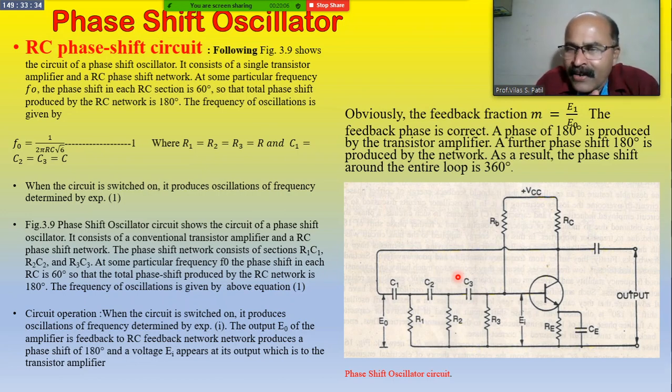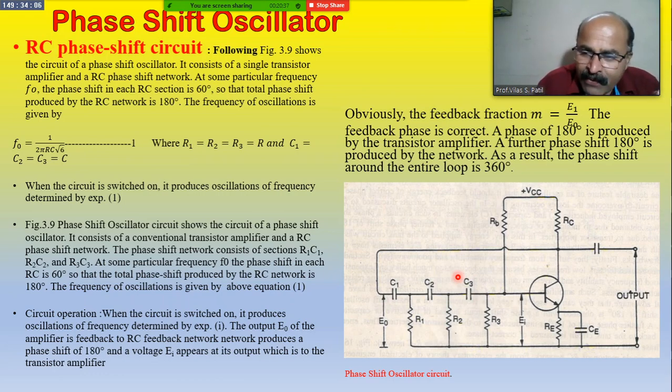Here we know that in an oscillator circuit, three parts are essential. One is the tank circuit or frequency determining circuit. Here the ladder circuit, the three-network RC circuit, is used as the frequency determining circuit, and that frequency depends upon the value of the resistance as well as the capacitance.